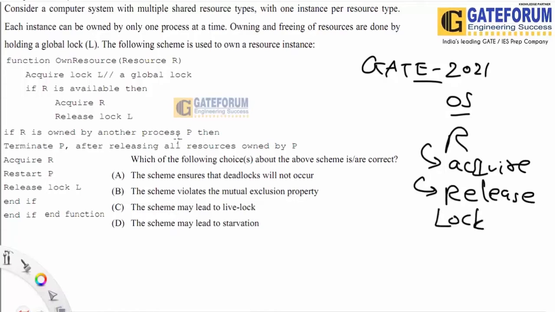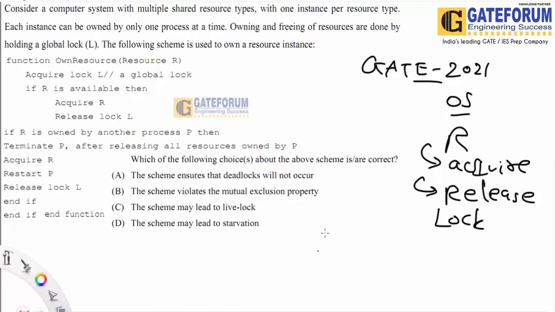If R is owned by another process P, then terminate P after releasing all resources owned by P. So we directly terminate P, release all the resources owned by P, and then acquire R. Then we restart P and then release the lock.